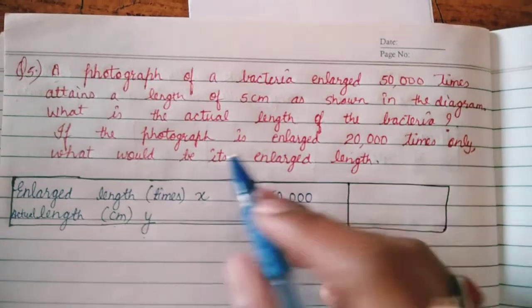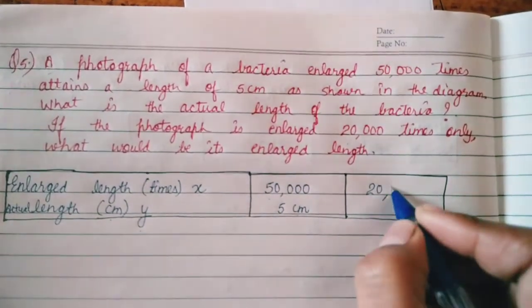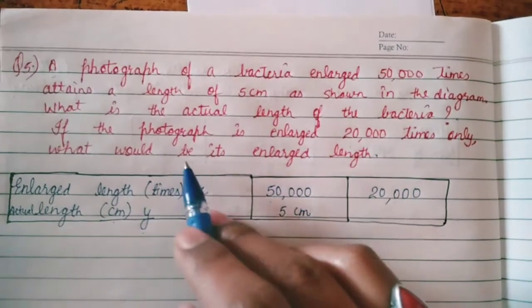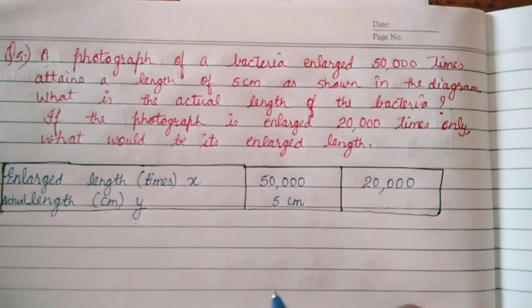We need to find, if the photograph is enlarged 20,000 times, what would be its length. We have to find its actual length.